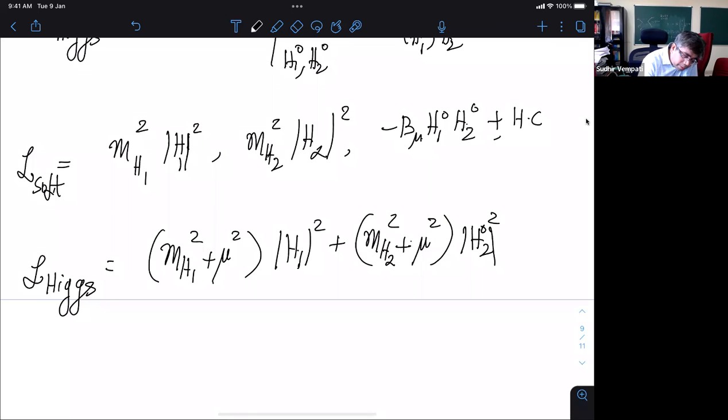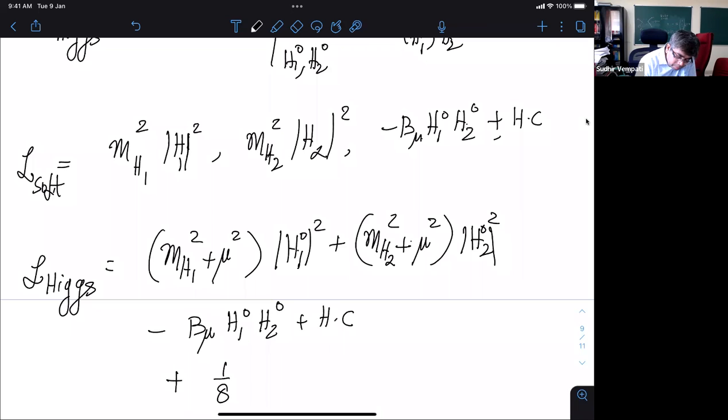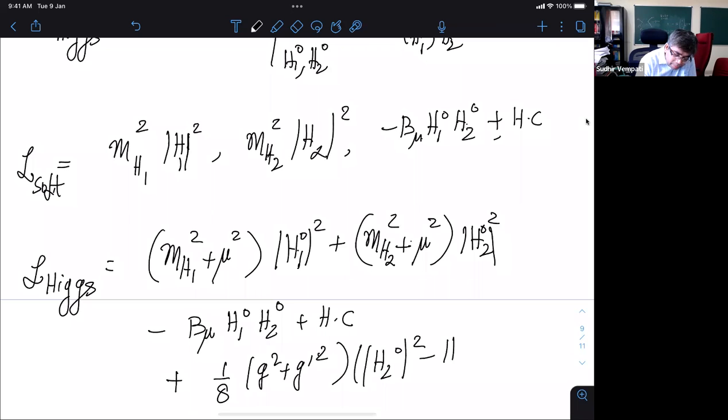These are all zero components, by the way, neutral components, minus B mu H1 0 H2 0 plus Hc, plus 1 by 8 G square plus G prime square, H2 0 square minus H1 0 square, whole square.